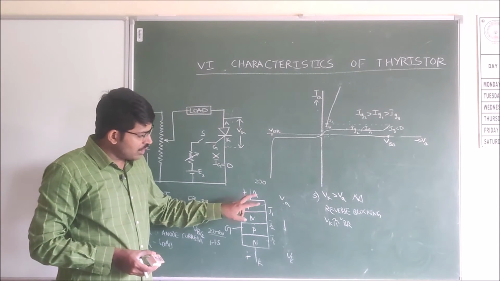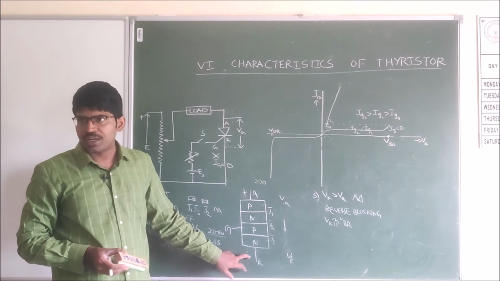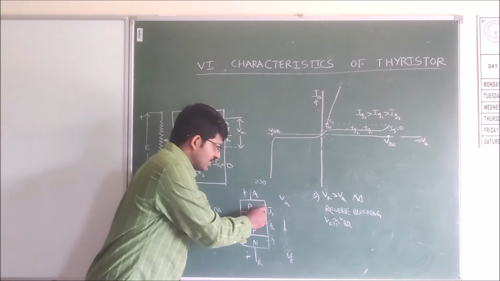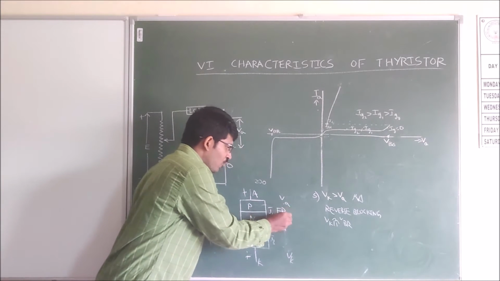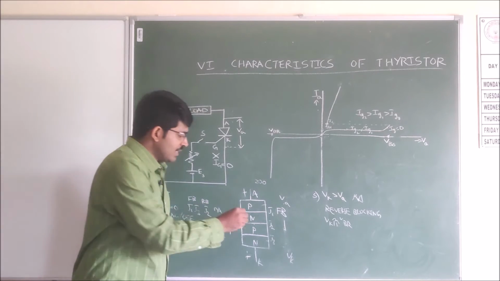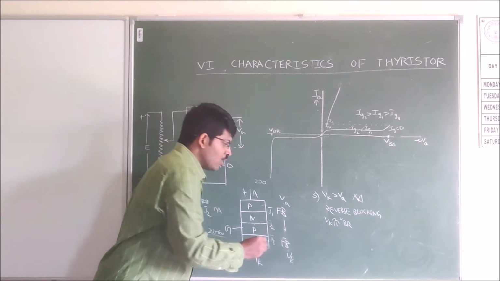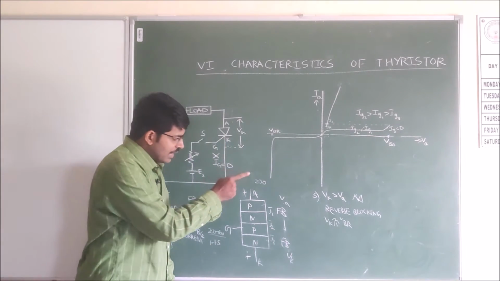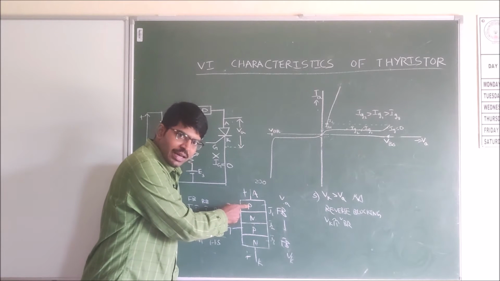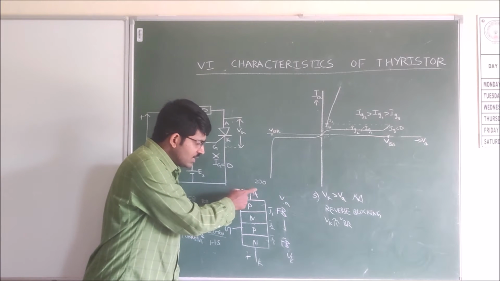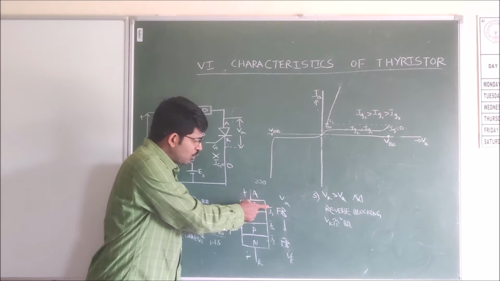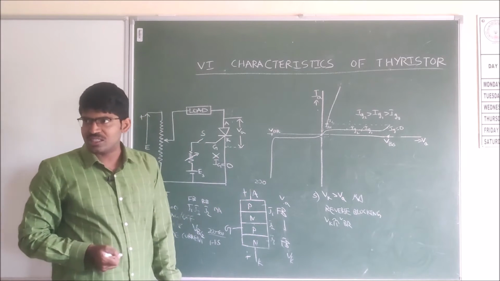Because the anode voltage is positive and the cathode is negative, junction J1 is forward biased. Junction J3 is forward biased because at the p-type layer the voltage is positive for both J1 and J3 junctions.